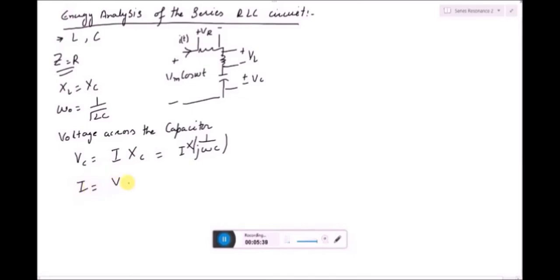That will be Vm angle 0 over R. So at resonance the impedance is resistive, so the current at resonance is Vm angle 0 over R.